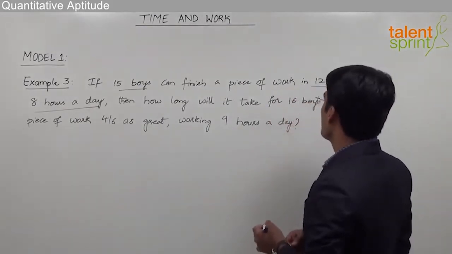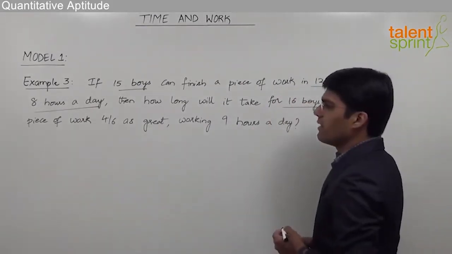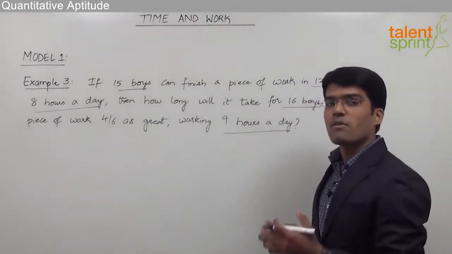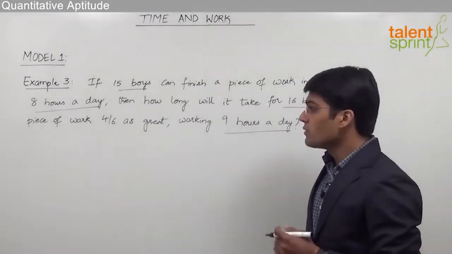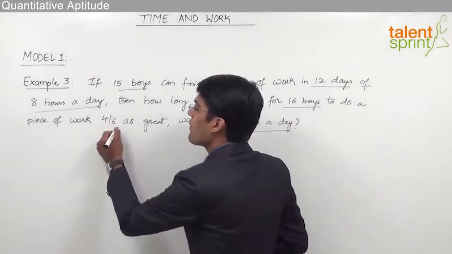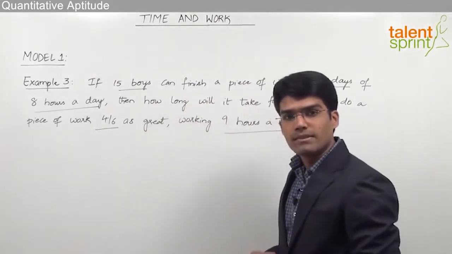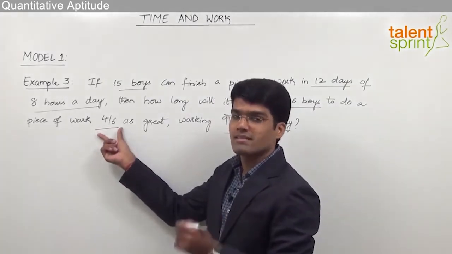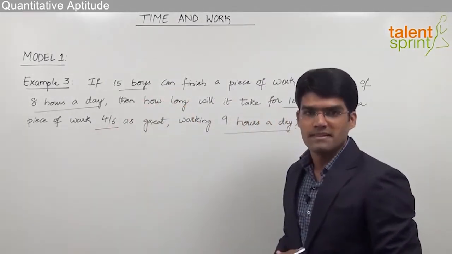And in the second case, we have 16 boys who work for 9 hours a day, and we are supposed to find out the number of days required to finish the piece of work 4 by 6 as great. That means the work done in the second case is 4 by 6 times the work done in the first case.